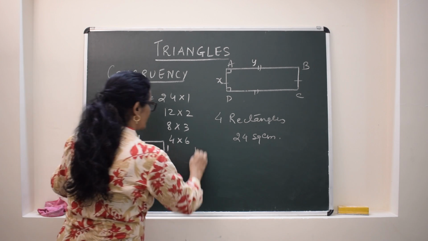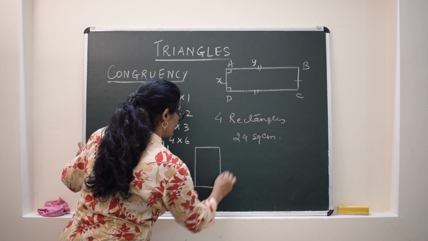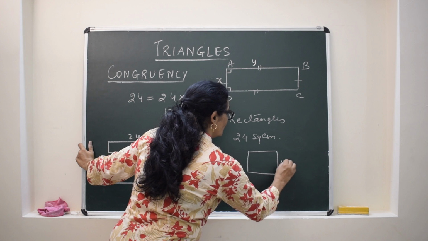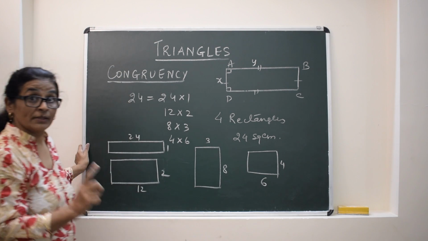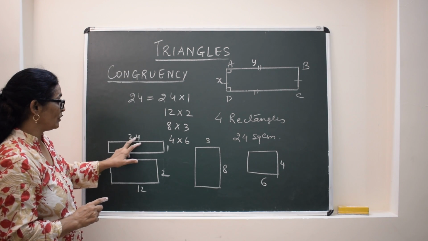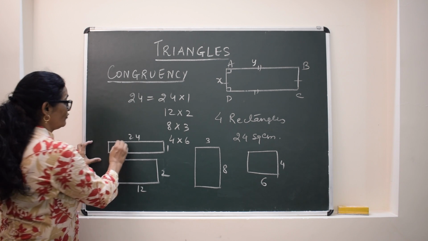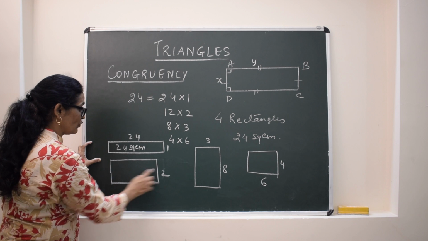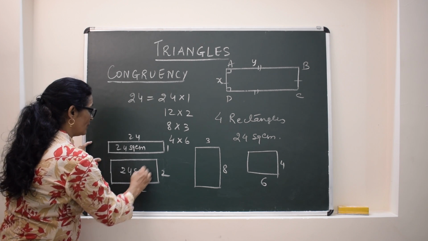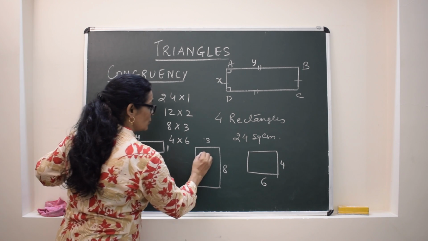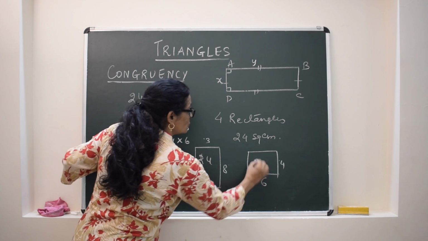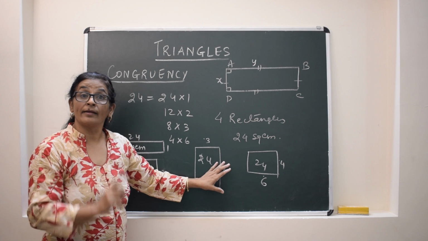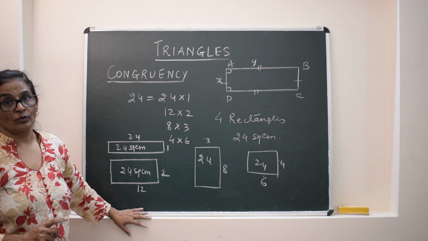I can take another one with the sides 8 and 3, and I can take 4 and 6. If you observe the area, here the area will be 24 into 1, 24 square centimeters. Here also 12 twos are 24 square centimeters, 8 into 3 will be 24 and 6 into 4 also will be 24. All 4 have equal areas, but they are not congruent.